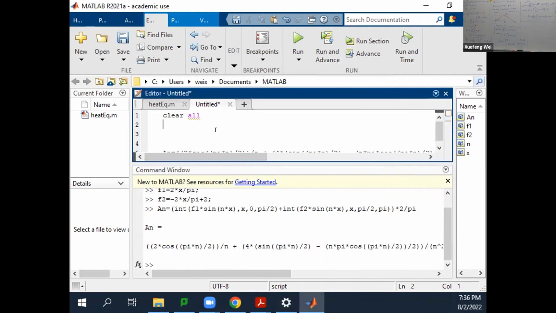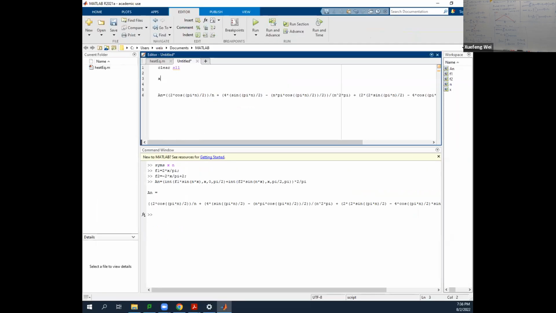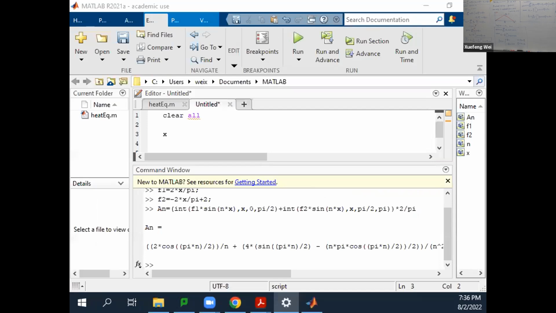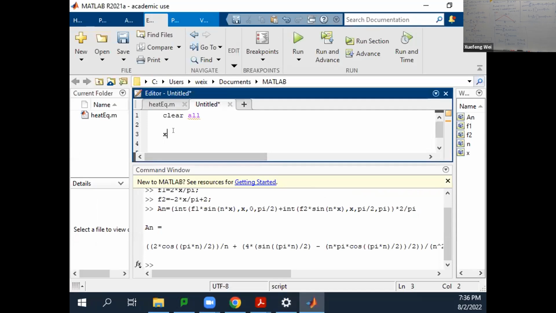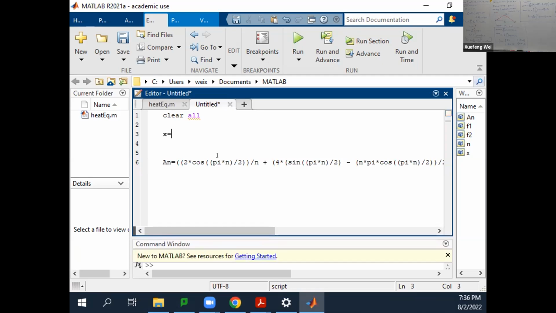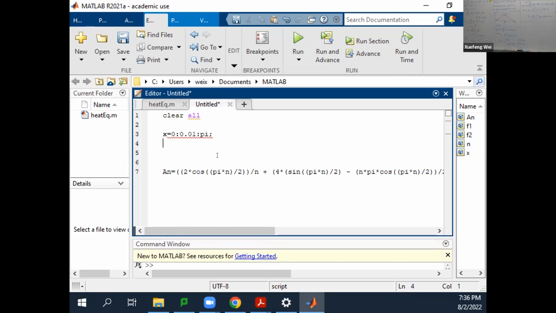And then I do. Oh, why did this change? Okay, sorry, I moved it. Okay, now finish this. x goes from 0 to pi with an increment of 0.01. Okay, so that's that.